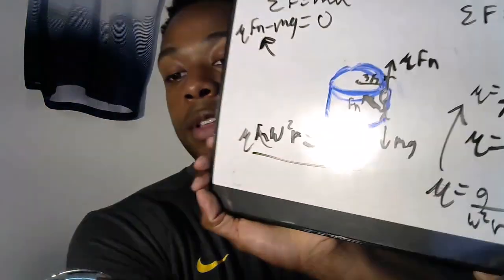If you haven't gotten the answer yet, pause, but I'm getting 0.057 for our coefficient of friction. That's going to be unitless.